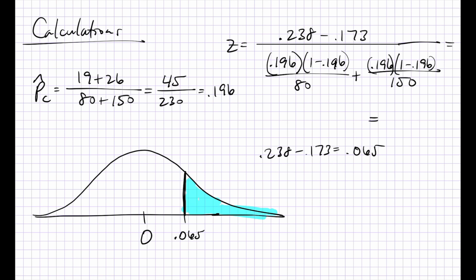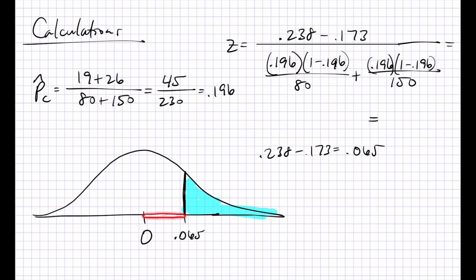The alternative hypothesis. And what did the alternative hypothesis say? The two proportions are different? Or the two samples are different? So my question is, why did I shade right? Exactly. So I'm missing a bunch, right? That's just half of the shaded area. The other half is over here.